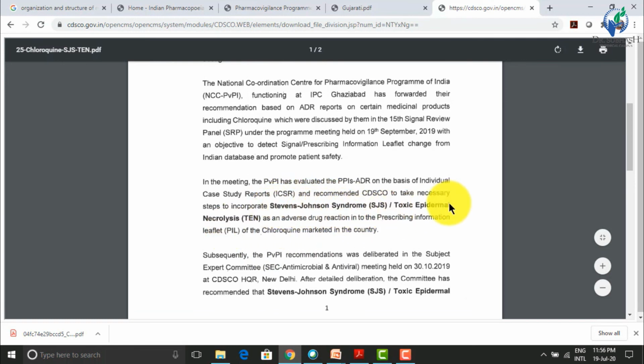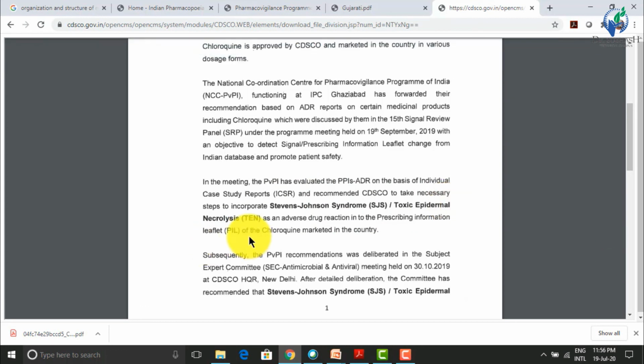They have to mention this adverse drug reaction in the PIL, that means information leaflet जो भी product के साथ में आता है वहाँ पे ये लिखना पड़ेगा.